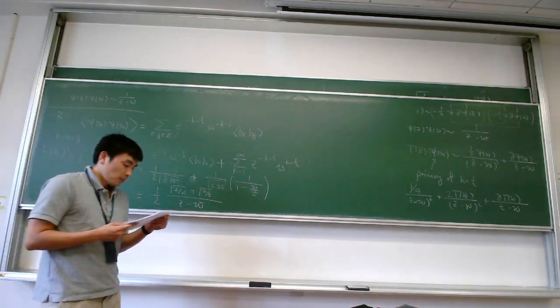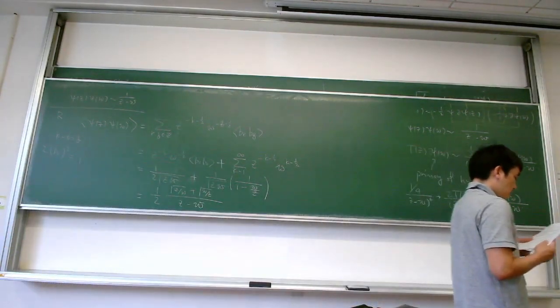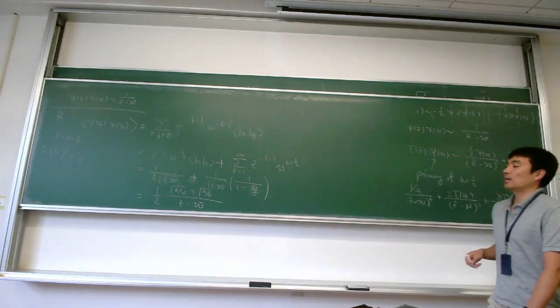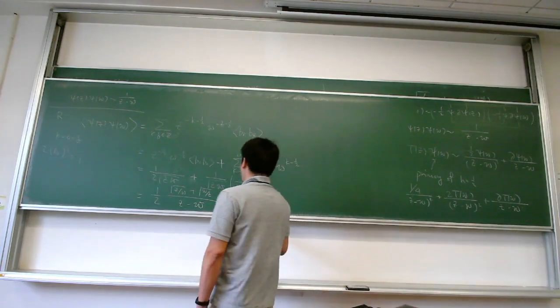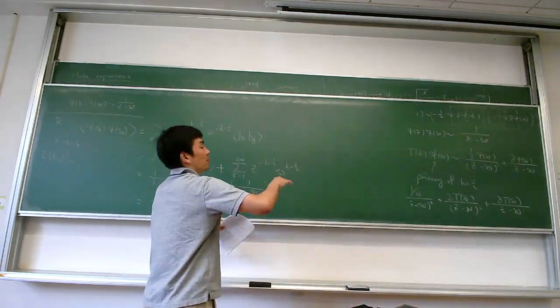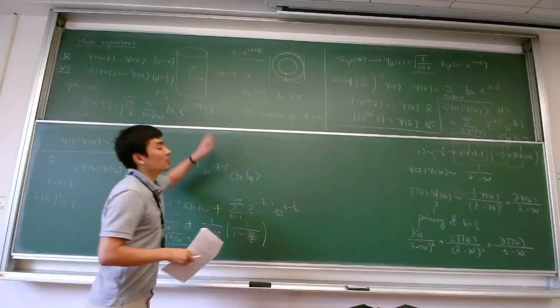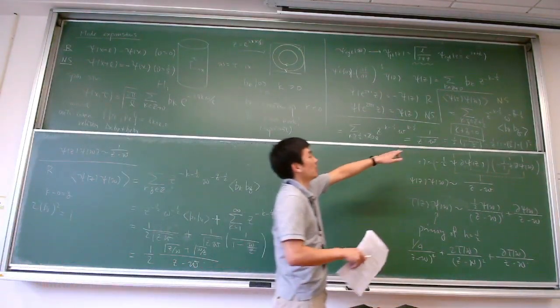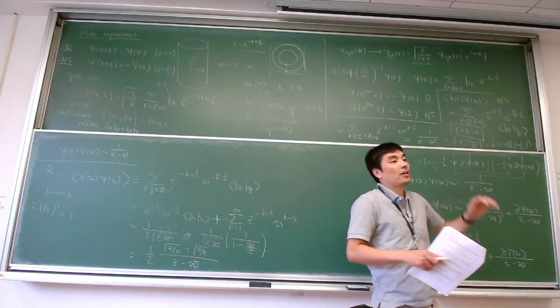So therefore, as you take the z equals w limit, they have similar behavior. So as you go to z equals w, this one behaves similar to this guy. However, globally it's different.